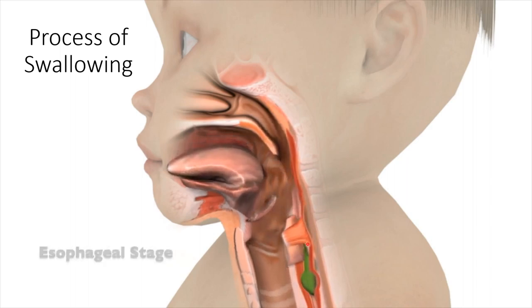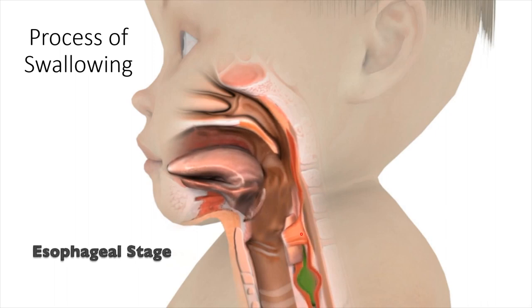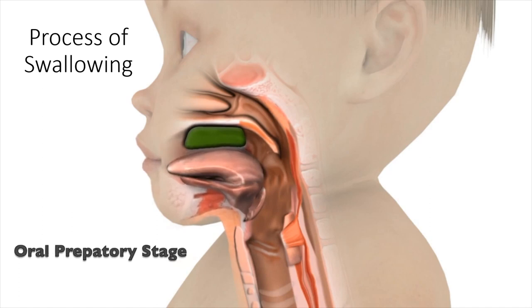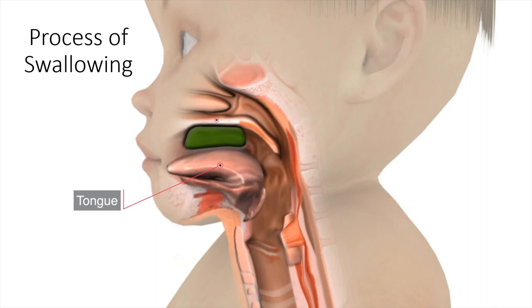And when the bolus passes through, after that, the cricopharyngeus will close. Okay, again, generally preventing regurgitation back up the oral cavity. Okay, and then it goes down to the esophagus and the stomach via peristalsis.